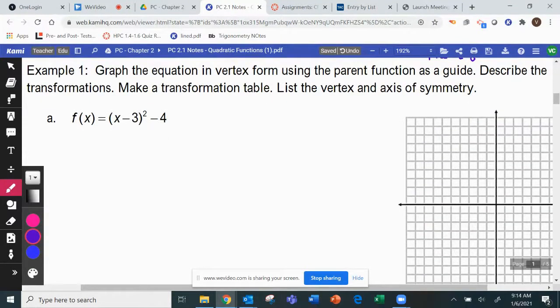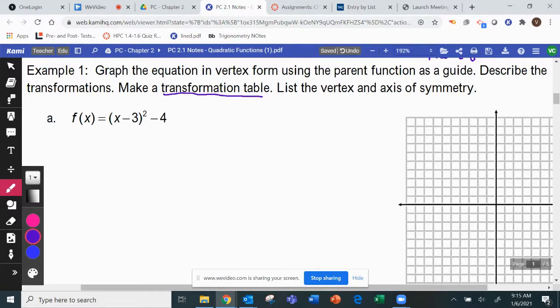So we are going to practice, review some graphs. All of these are in vertex form, so we're going to do these with transformations. Now I'm asking you to make a transformation table. You do not always have to make a transformation table. We're doing it for notes so that we have practiced.